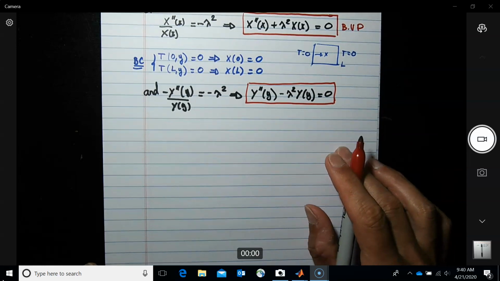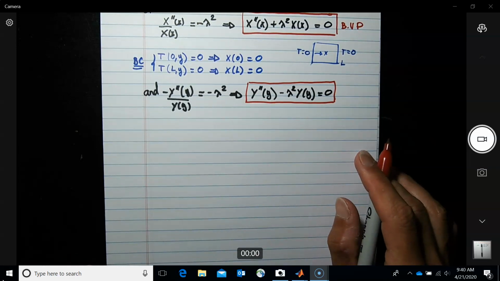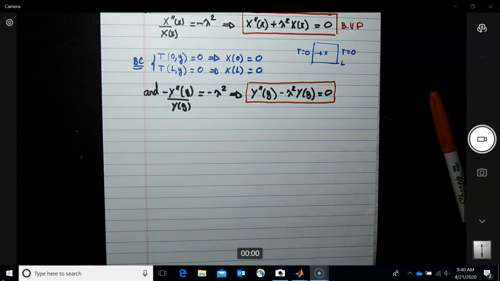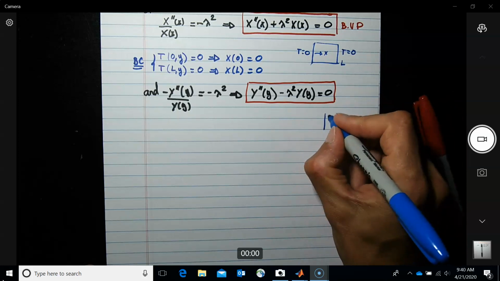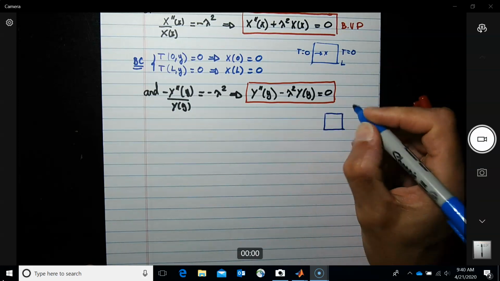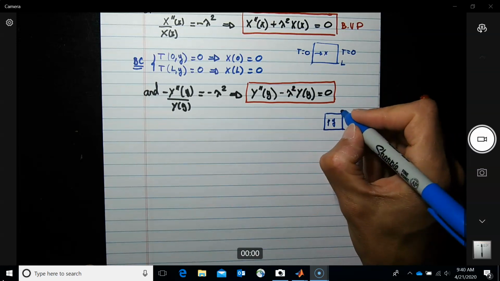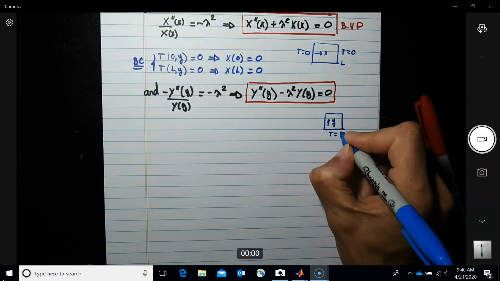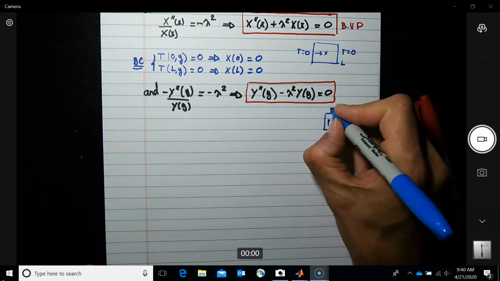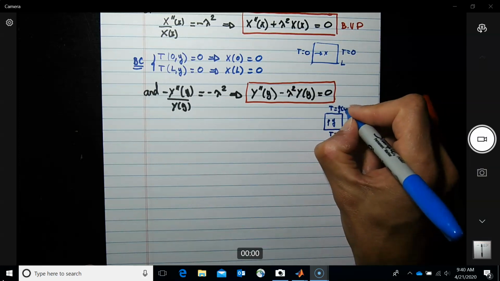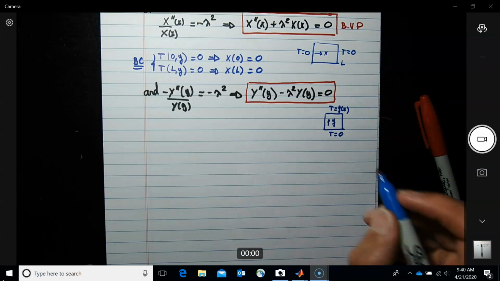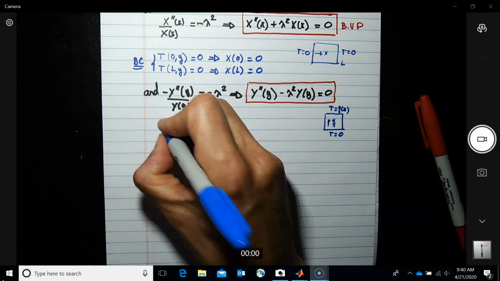So now we'll solve this problem over here, okay, with what boundary conditions? On this one we need to move up in the y direction. All right, so what do we know? We know T here was equal to 0 and T here was equal to f of x. So we need to solve this problem with the conditions of what?